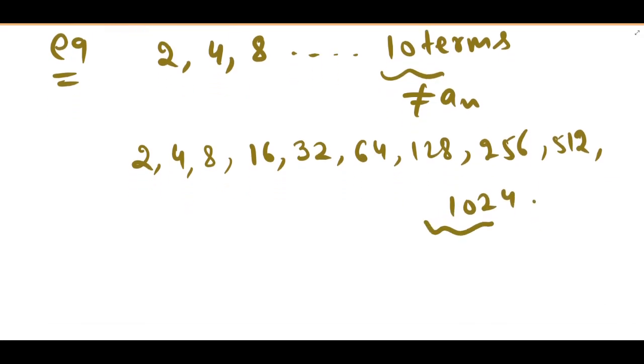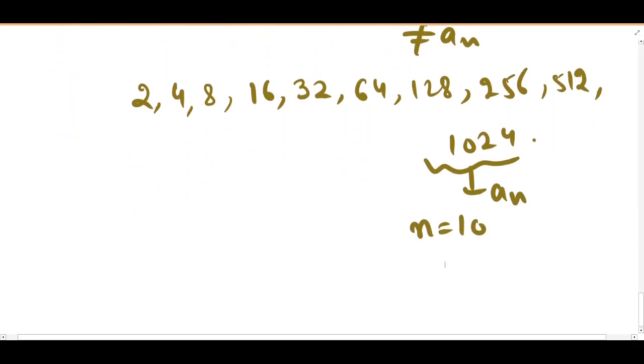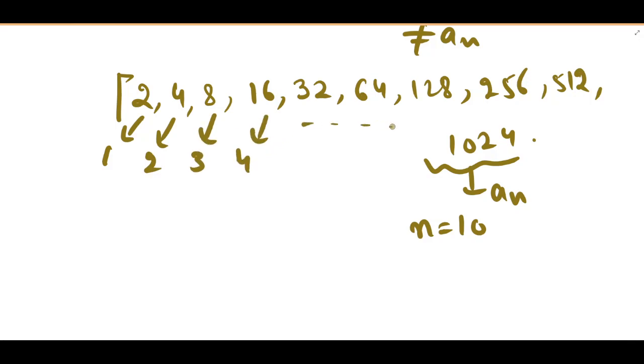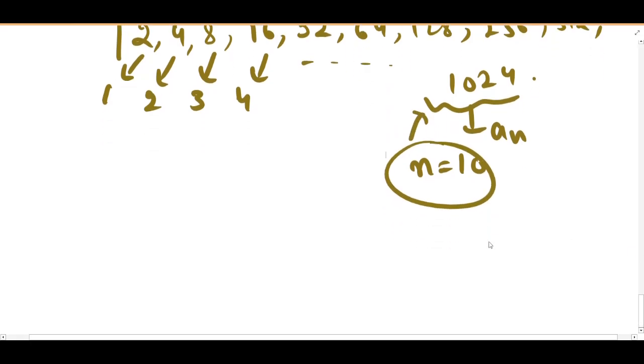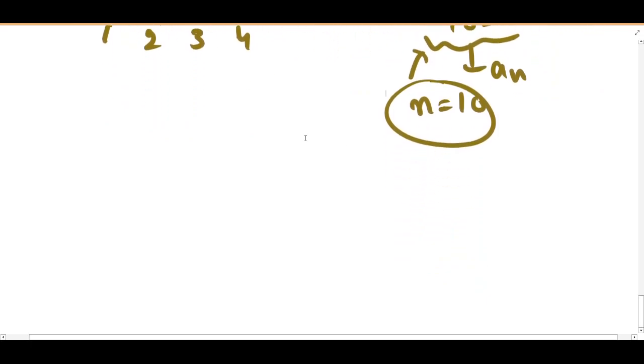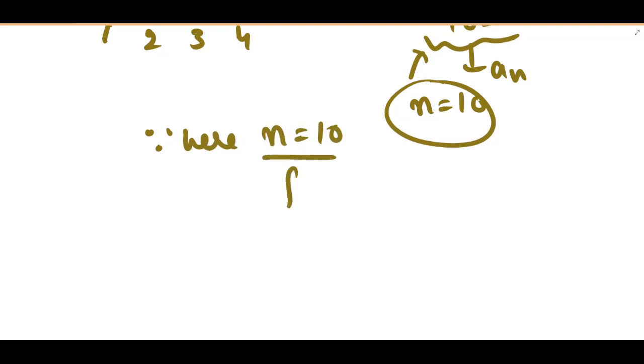So now 1024 is the nth term, An, where n is equal to 10. So 2 is the first term, 4 is the second term, 8 is the third term, 16 is the fourth term, and it goes up to the 10th term, that is 1024. So this is a finite sequence because here n is equal to 10, a finite number.